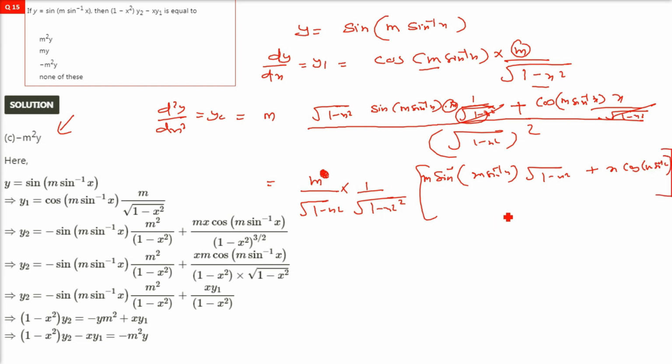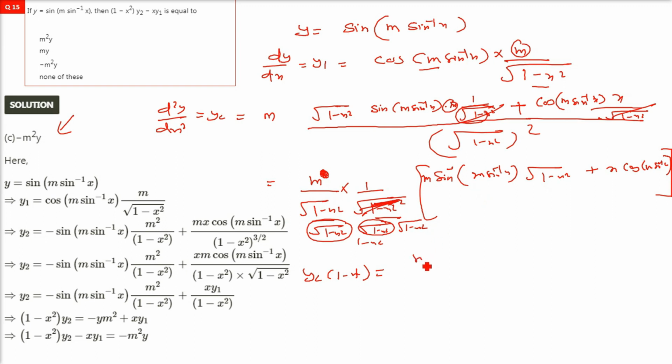This is the inside term. Now the under root 1 minus x square in the denominator, because this was under root 1 minus x square whole square, I'm writing as under root 1 minus x square into under root 1 minus x square. These two roots will give you 1 minus x square. So I'm taking this 1 minus x square on the left hand side, so y2 into 1 minus x square. This has gone on the left.